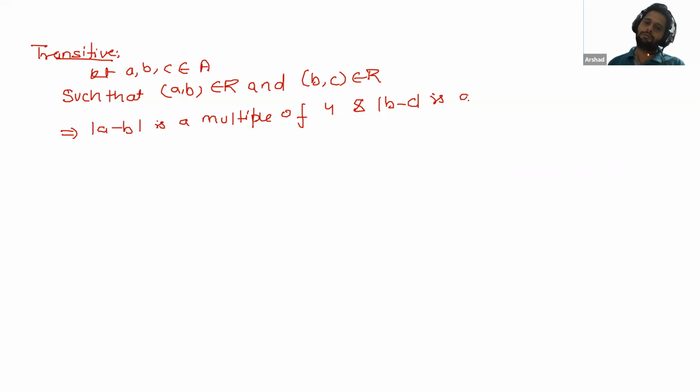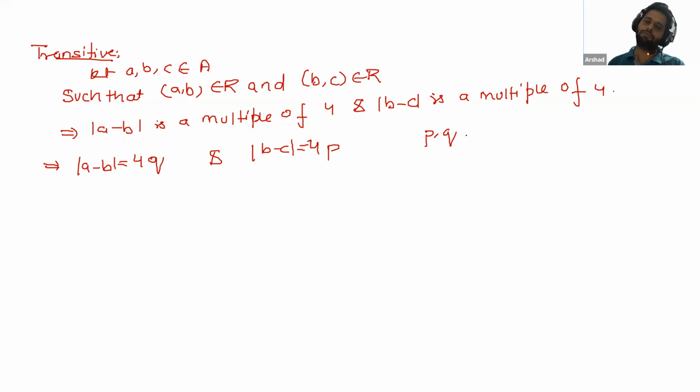We assume that a minus b is a multiple of 4, so we can write 4q as we have done in the previous question, and modulus of b minus c is equal to 4p, taking any other variable p. And p and q belong to the positive integers.